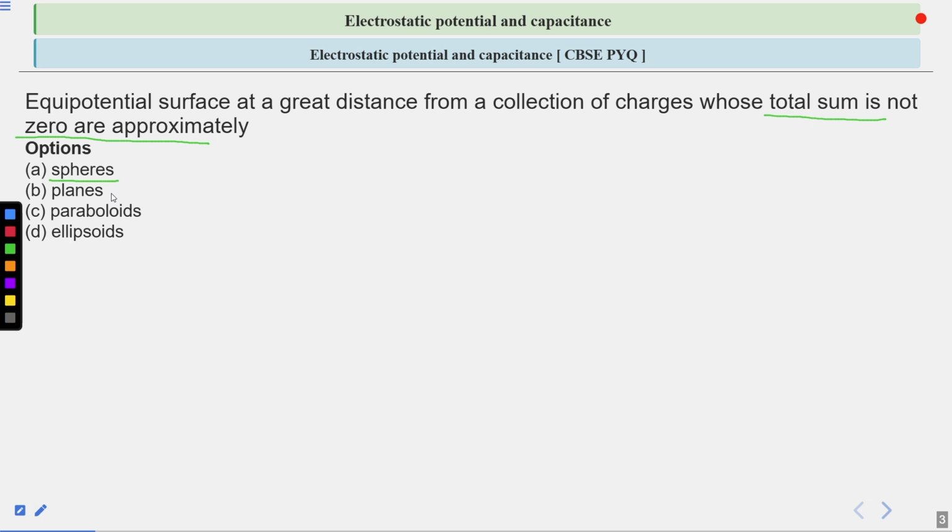We will see the equipotential surface as spheres, or we will see these equipotential surfaces as planes, paraboloids or ellipsoids. So these are the four options that this shape can be viewed as for a collection of charges. So which is correct, you have to tell. I will give you some time to think about it.